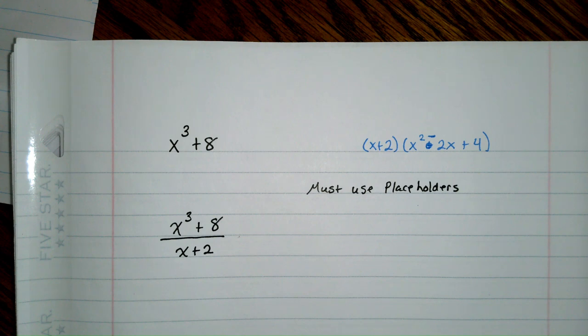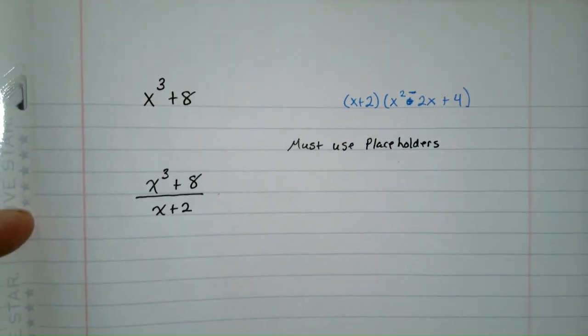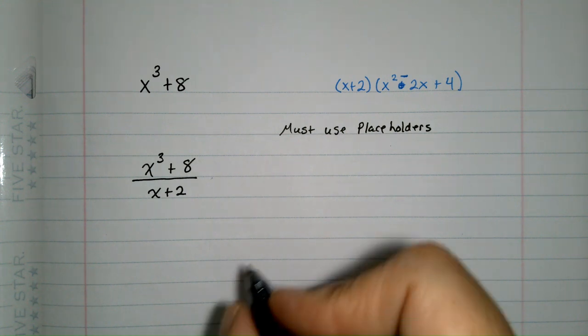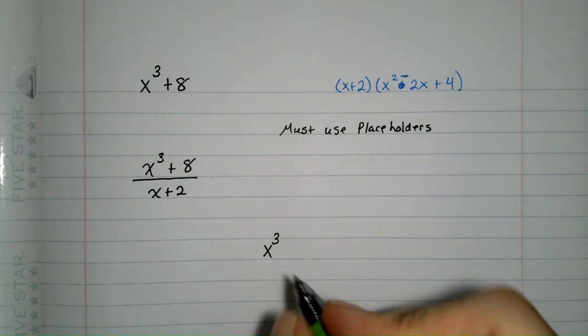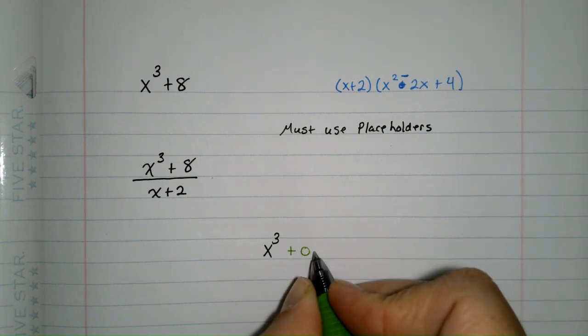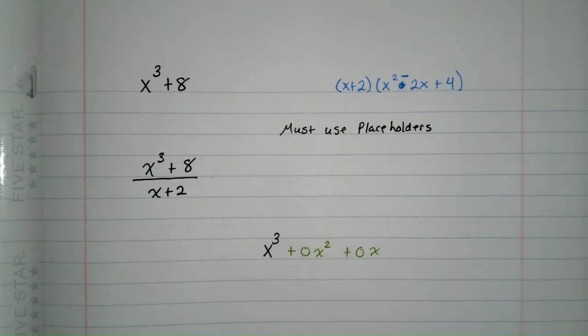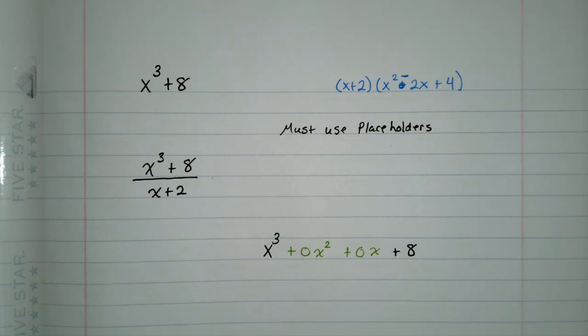But for now, we're going to actually fill in our placeholders. And the reason is because this went from a cubic term to a constant term, and it skipped over the other terms. So we have x cubed. They skipped over x squared. They skipped over plain old x. And then they had an 8. No, that's not ox, that's 0x. So that's what I mean by placeholders.